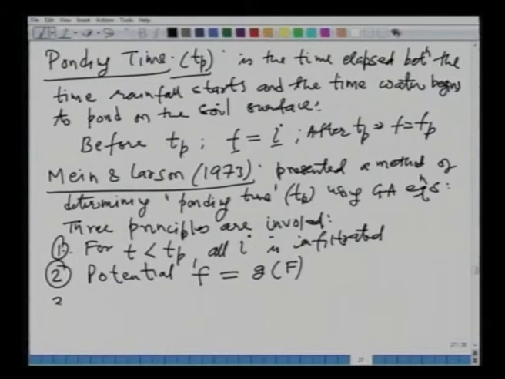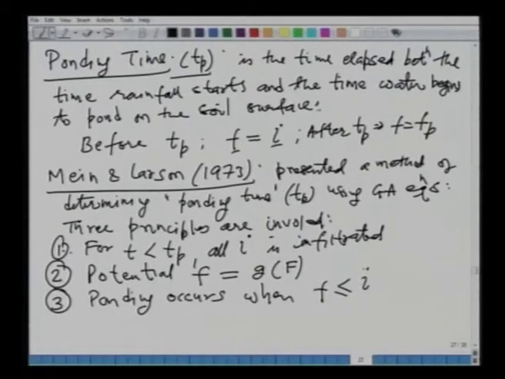And then the third step is that ponding occurs when your f is less than or equal to i. What does that mean? Ponding will occur when the rate of rainfall becomes higher than the infiltration rate. All right. When the rain is falling at a higher rate than what the soil can absorb, that is when the water will start to pond.